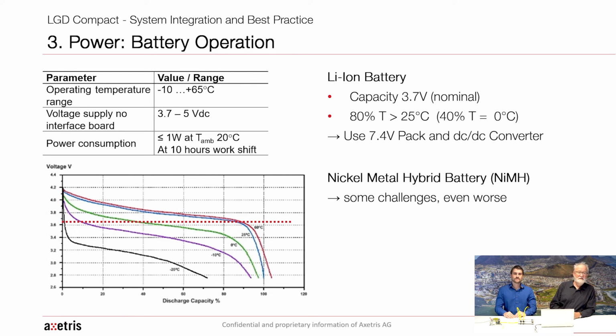With nickel metal hydride batteries, it's about the same, but the challenge is even a bit bigger, because the capacity depends more on the discharge capacity left and also more on the temperature. So this is possible. It was done already by some customers, but you have to do this carefully, as always.